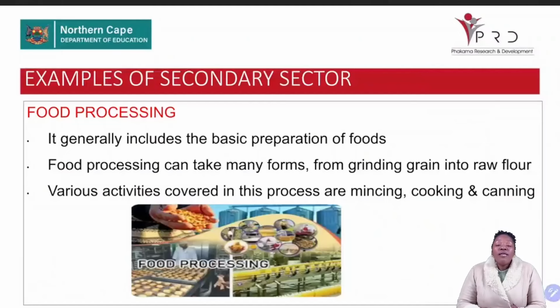There are so many products that we get nowadays as canned food. We're talking about fish, we're talking about baked beans. There are so many. Even fruits are being canned. So there are industries that deal with food processing in terms of food canning.